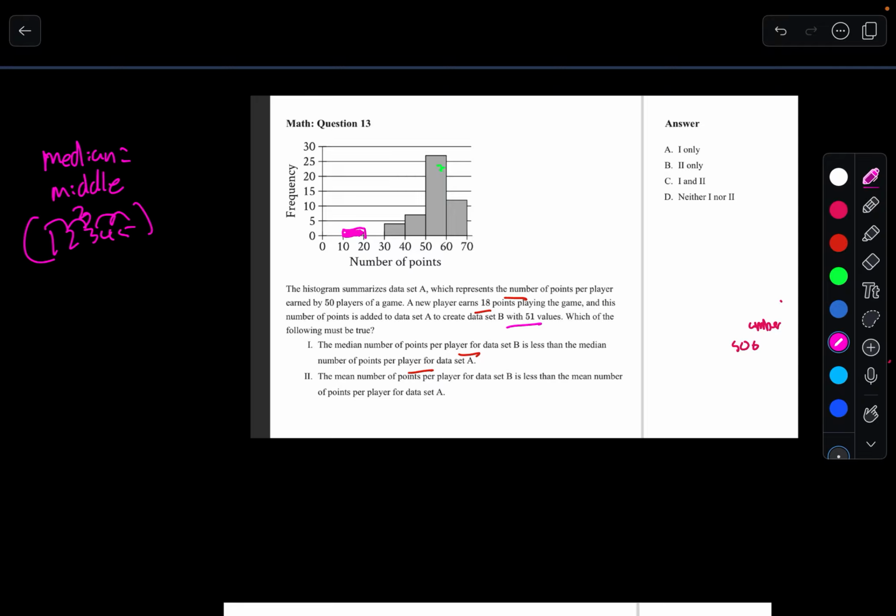We're going to find the middle number, and the middle position can be found by taking the amount of players divided by 2. Right here, there are 50 players, so 50 divided by 2 gives the 25th player. So we've got to try to find the 25th player, and that's going to be the median. So let's try to find it.